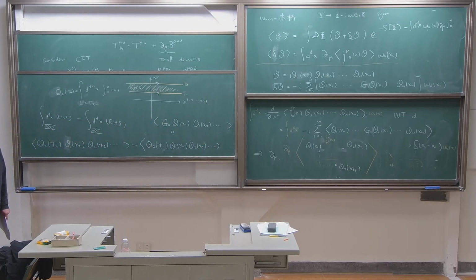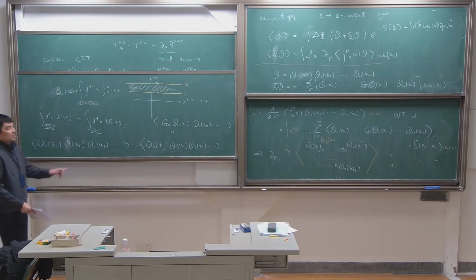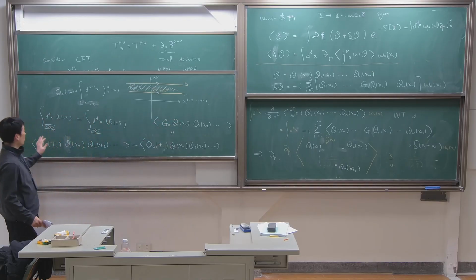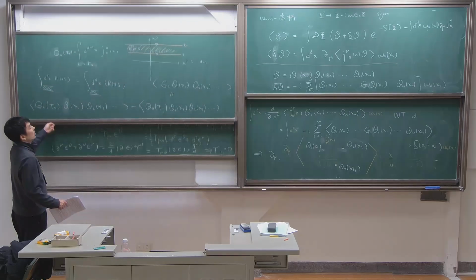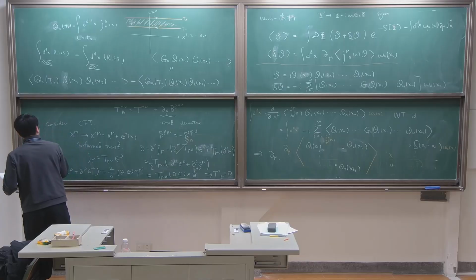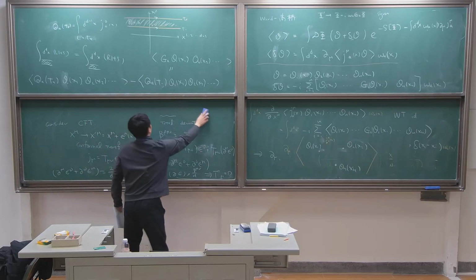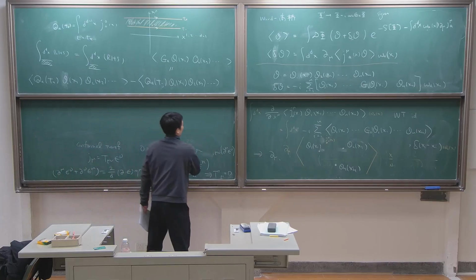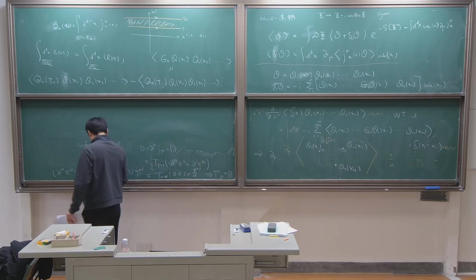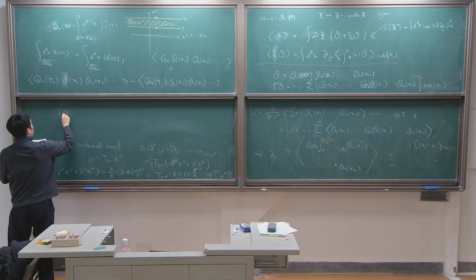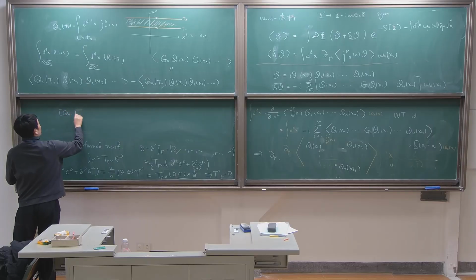Therefore, the symmetry action on the operator O1 is just the commutator of Q and O. This is what we already saw last time.